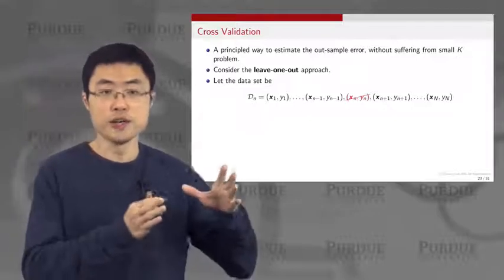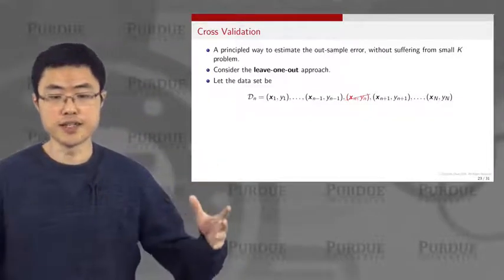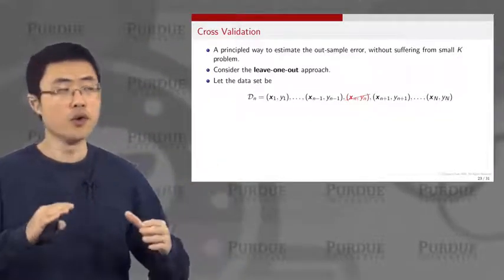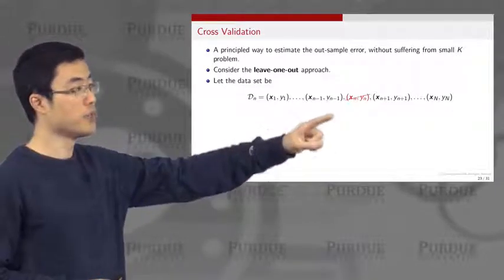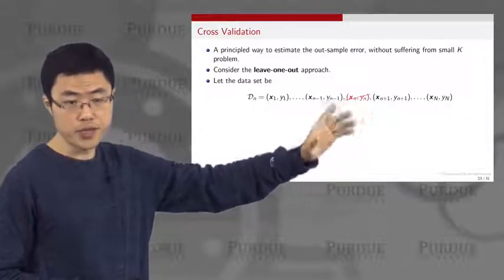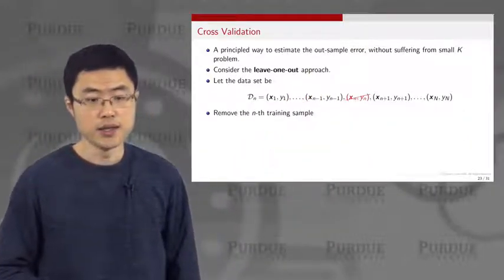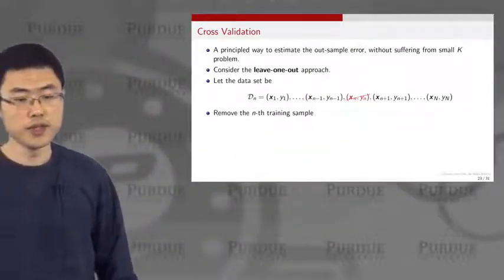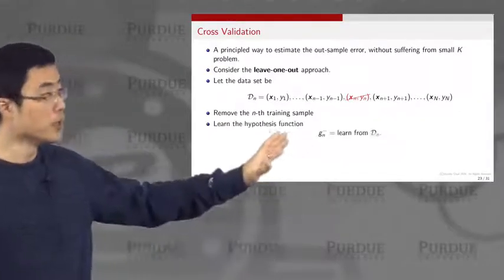Suppose you have a data set that contains n samples. We will knock out one sample, as I'm showing you here, that I'm knocking out xn and yn. So let's remove that sample.